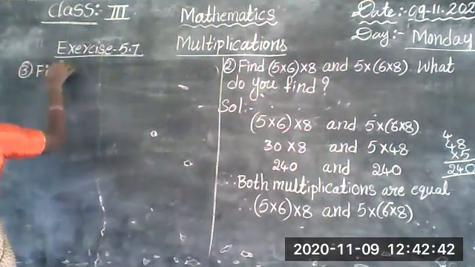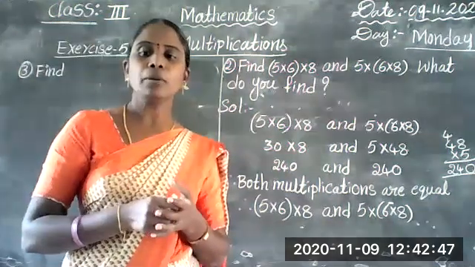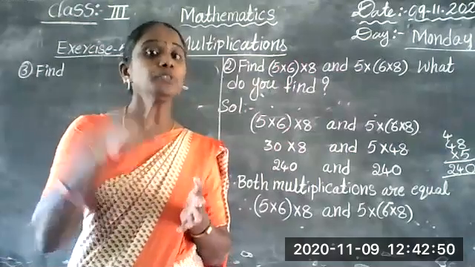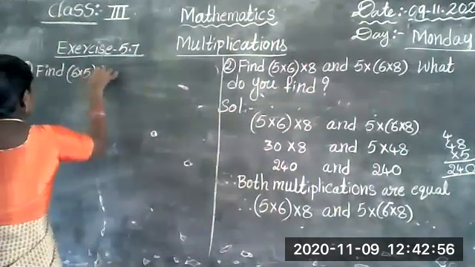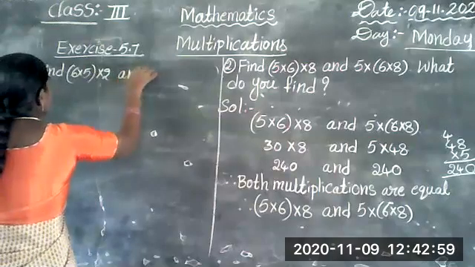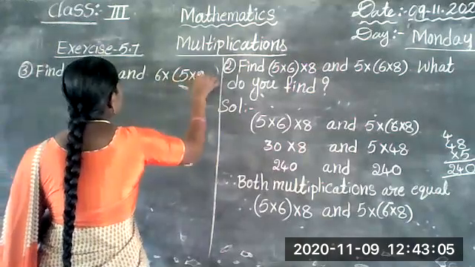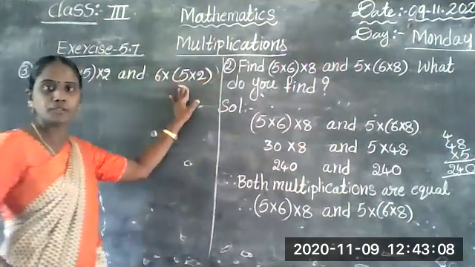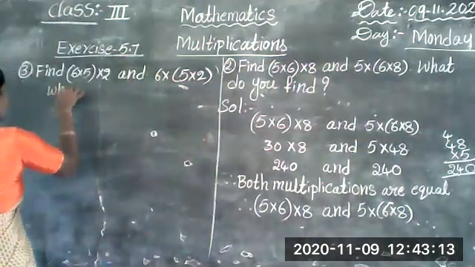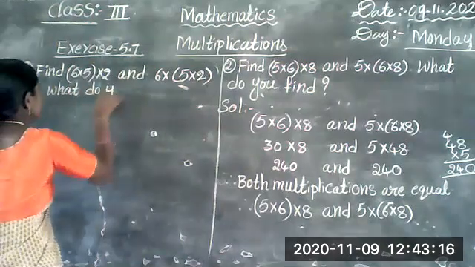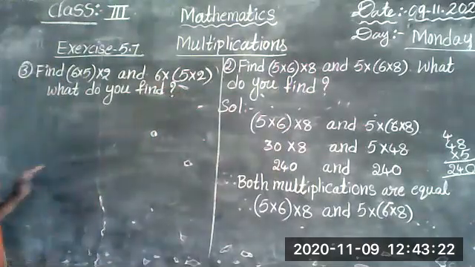Listen carefully to how I am reading the problem. 6 into 5 into 2 and 6 into 5 into 2. Okay. What do you find?